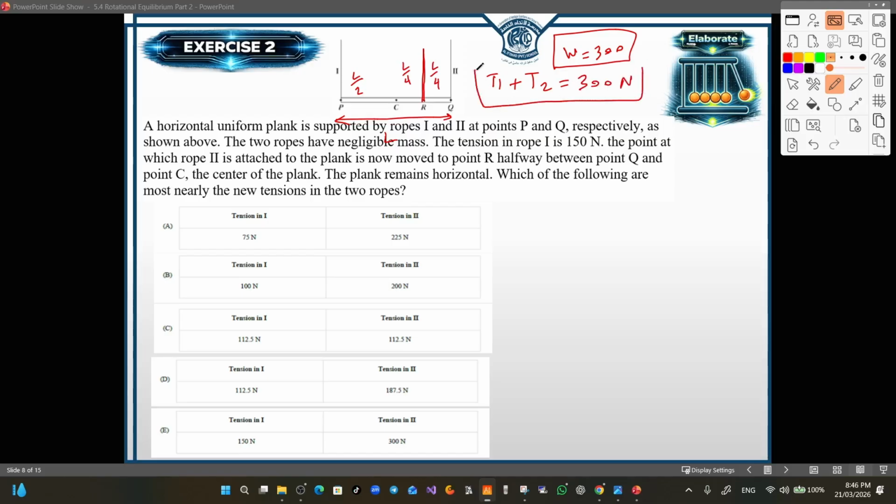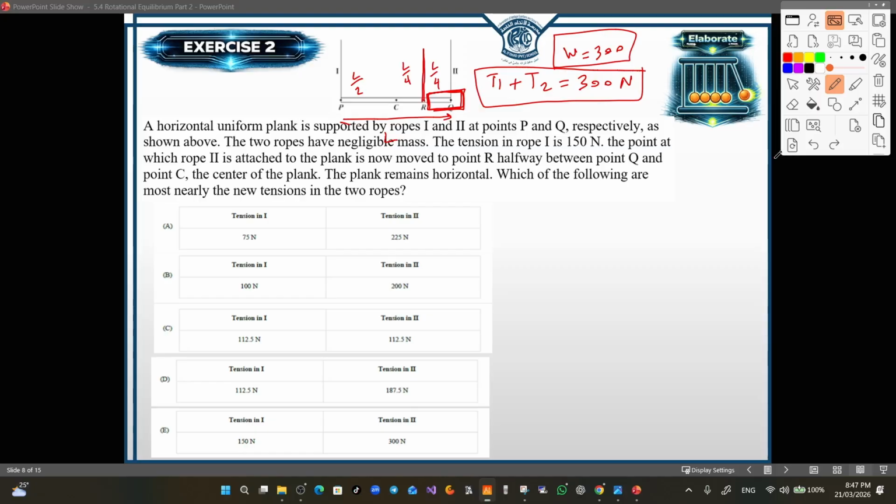But this time we cannot say that tension 1 is equal to tension 2, because there is no symmetry here anymore, since we have shifted the rope to a new point of application.